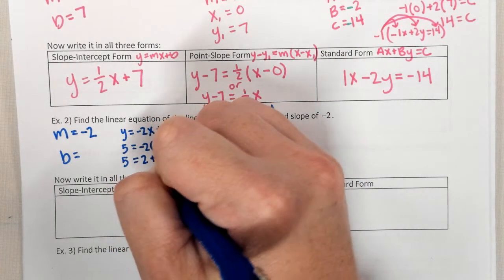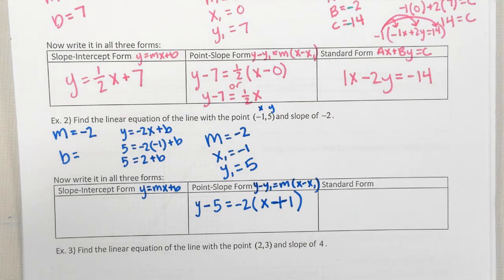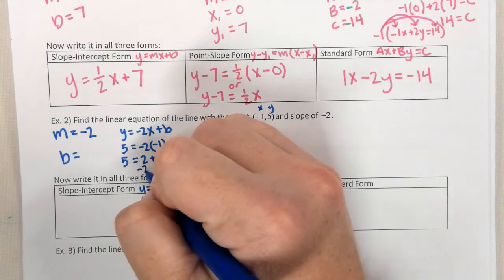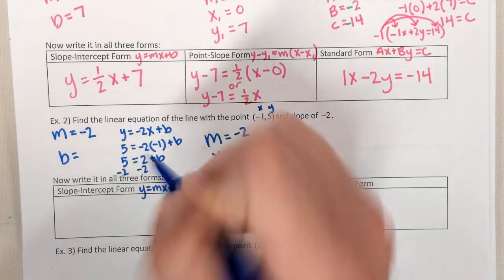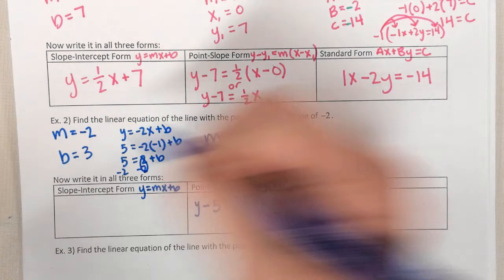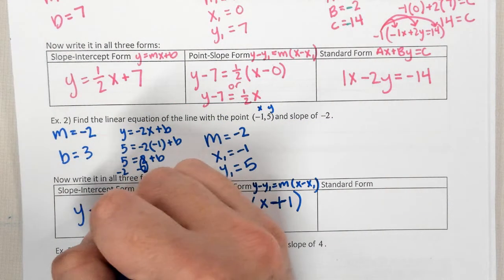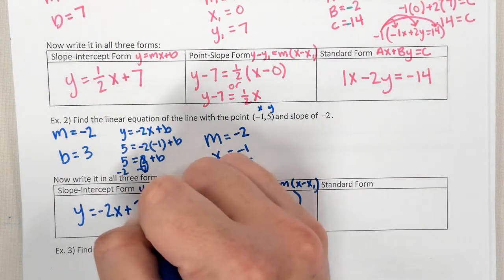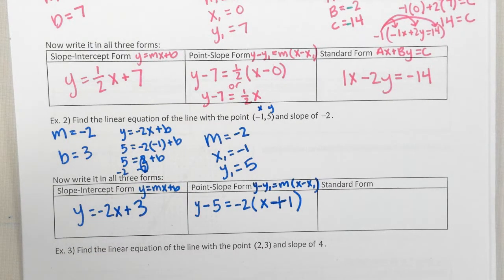Positive 2. And lastly, how do I solve this? Not divide. Subtract. If it was 2b, you would be right. And what does b equal? 3. So I have y equals negative 2x plus 3. Are we okay with that?